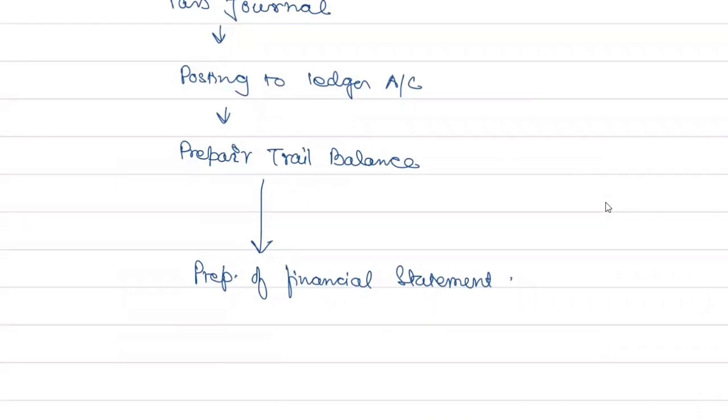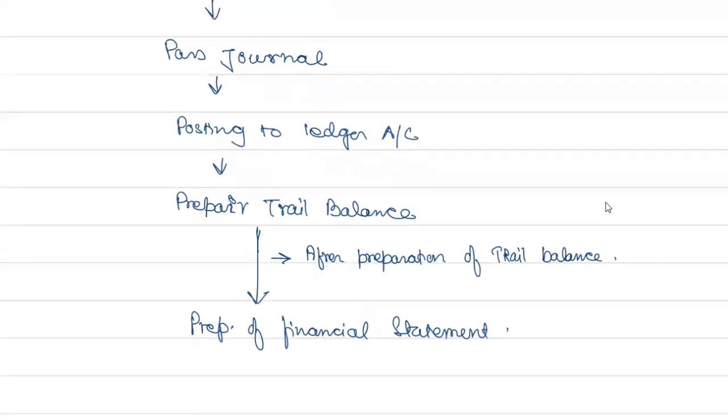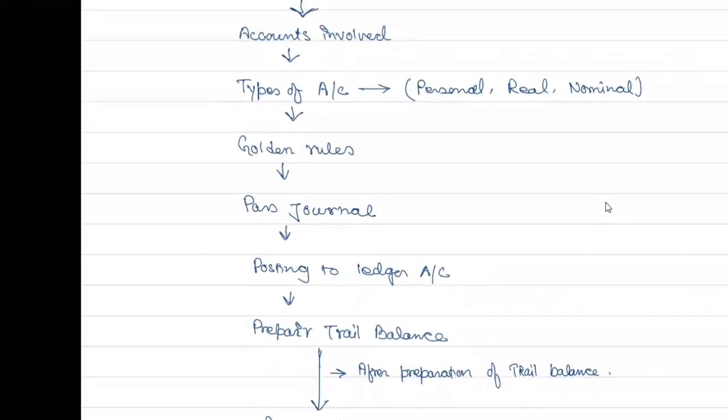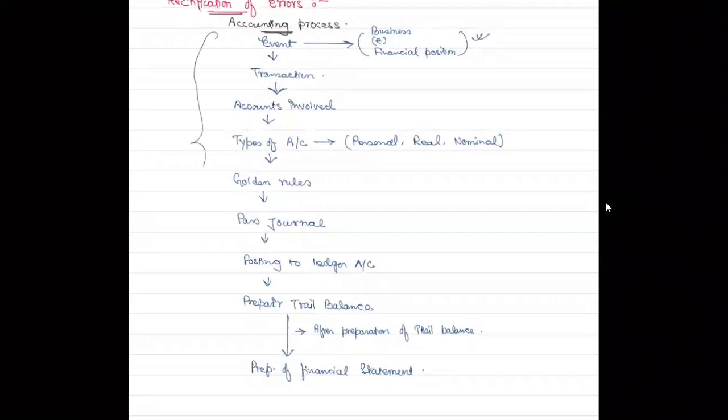Now, rectification of errors plays an important role at two places. One is after preparation of trial balance, or at any place before the preparation of trial balance.